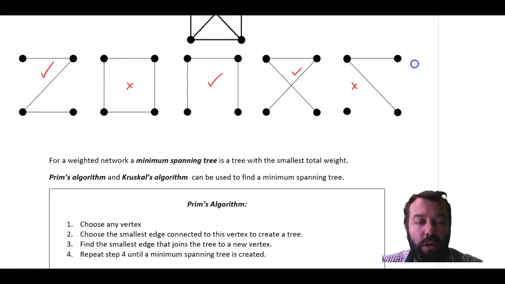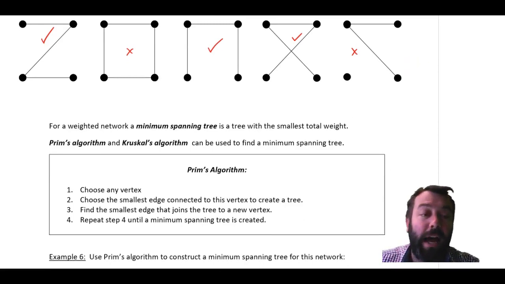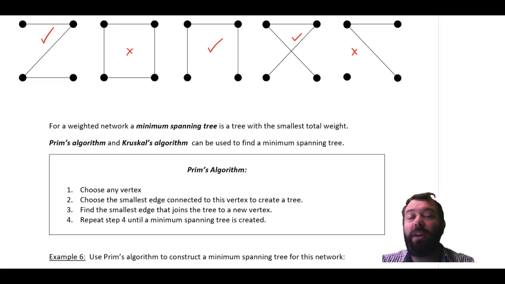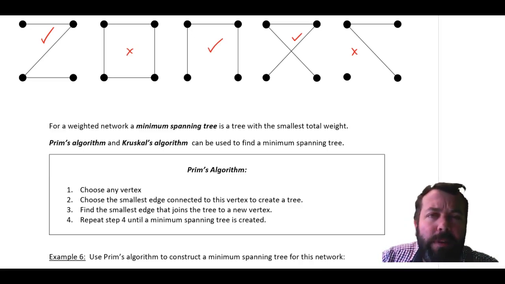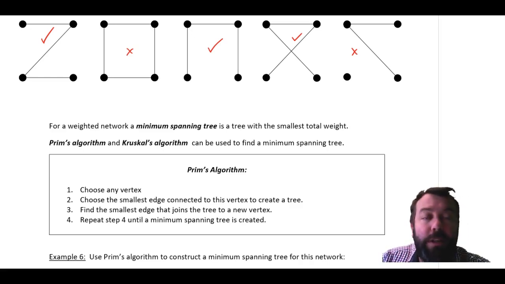Now, moving along. To find a minimum spanning tree, we can use an algorithm. An algorithm is a process of repetition, usually, a set of instructions that you follow to achieve some desired result. I'm going to introduce you to Prim's algorithm first.